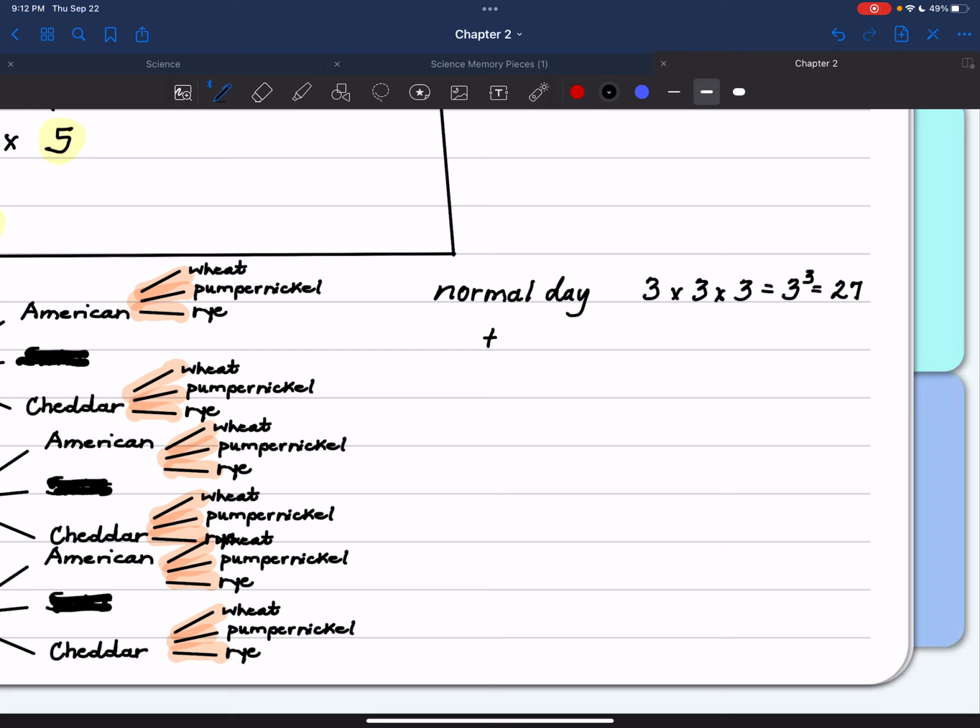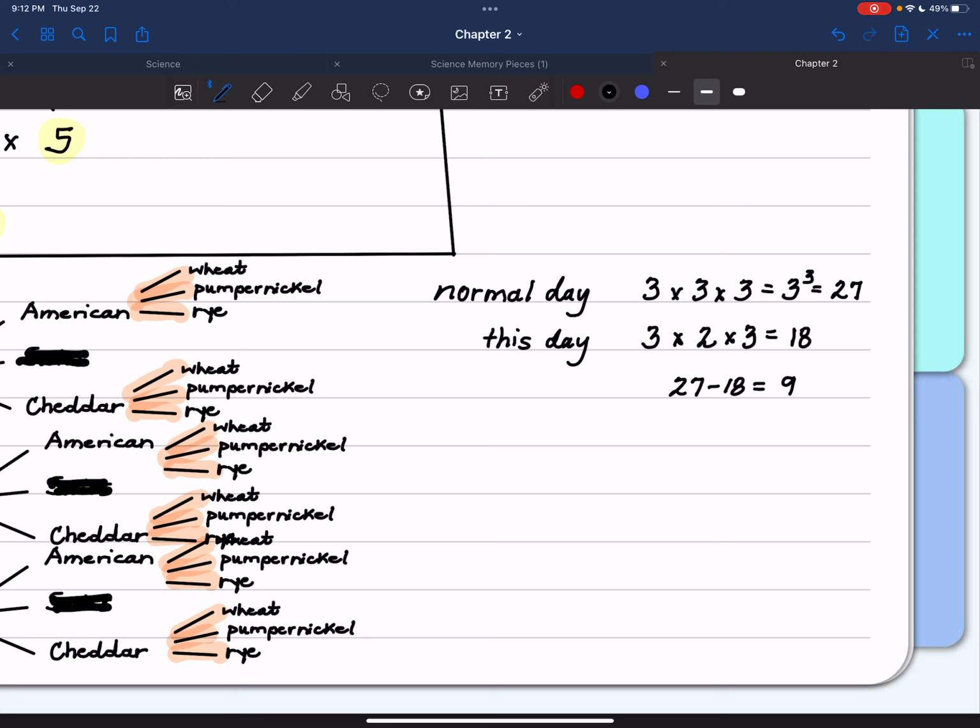But on this particular day, when there is no Swiss cheese, you have 3 choices of filling, 2 choices of cheese, and 3 choices of bread. So 3 times 2 is 6, and 6 times 3 is 18. So you're looking for the difference between 27 and 18, and that's 9.